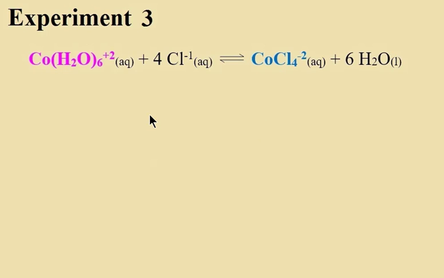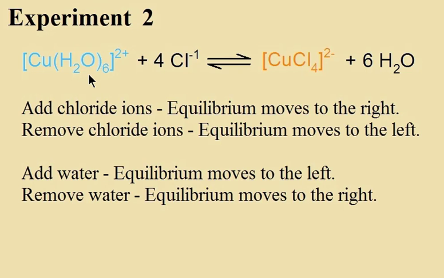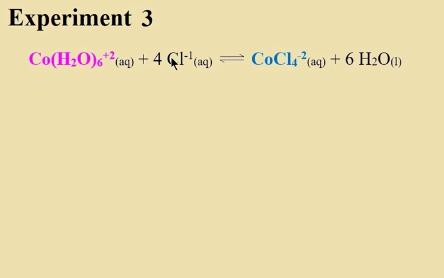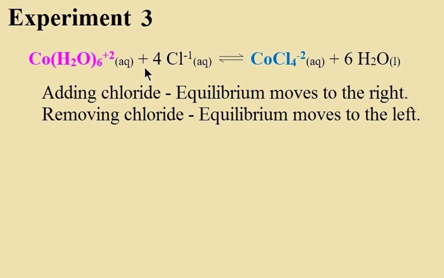With experiment 3, we have got the cobalt hexahydrate, which is pink, turning into the cobalt tetrachloride, which is blue. Similar to the reaction we had in the previous step, where it's driven by chloride and water. So adding chloride, like before, will move away from the chloride and move equilibrium to the right.